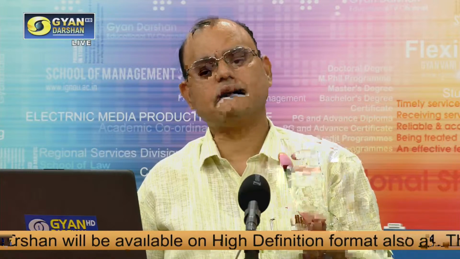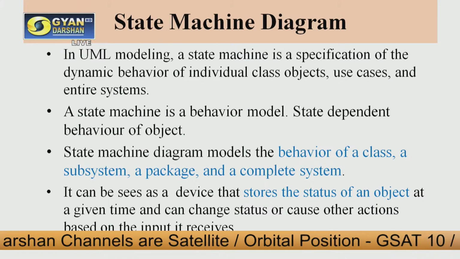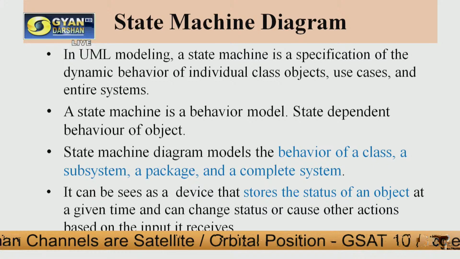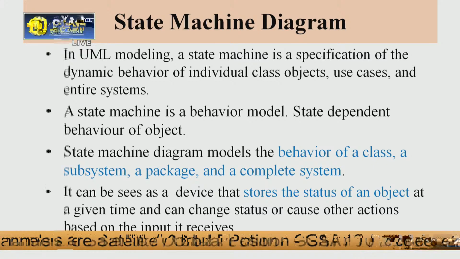State of the object changes means the combination of the values of the different attributes that the object possesses changes, and on the basis of that we have a subsystem, a package and a complete system, as I said earlier also. So here one more thing has been included, that is the package.